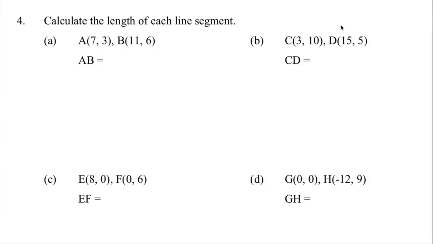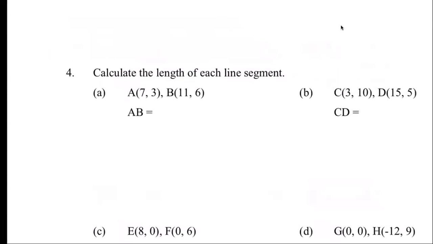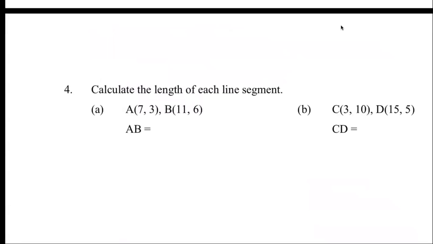So here, question 4 deals with the length of a line segment. And what's the formula? The formula is D equals the square root of (x2 minus x1) squared plus (y2 minus y1) squared.